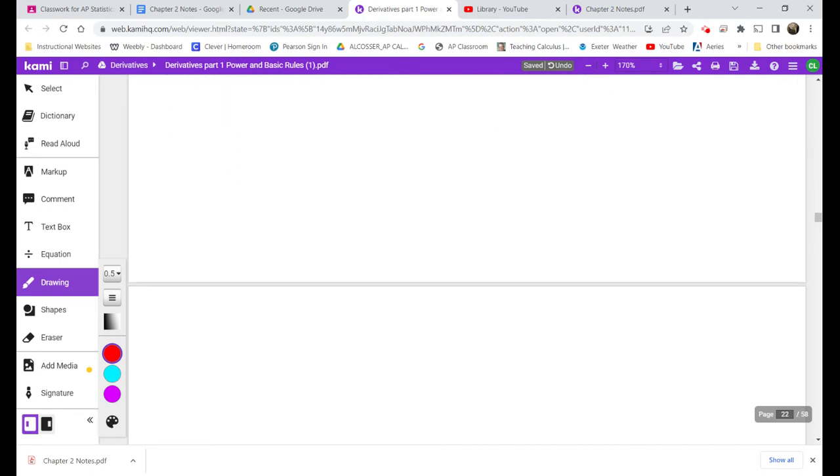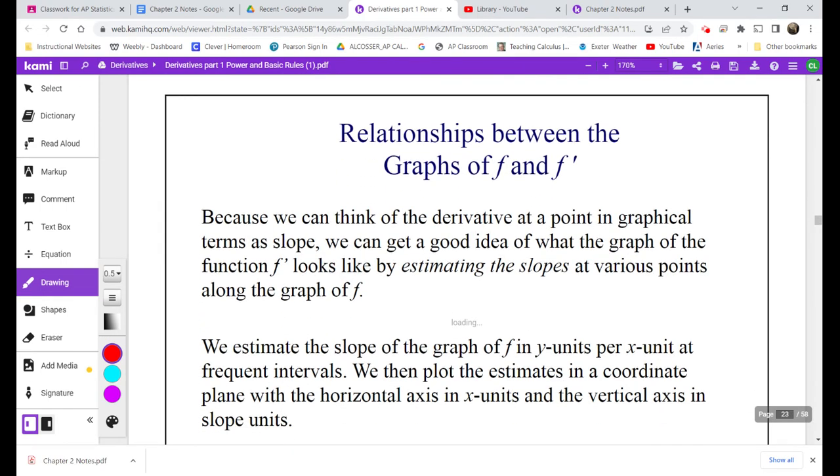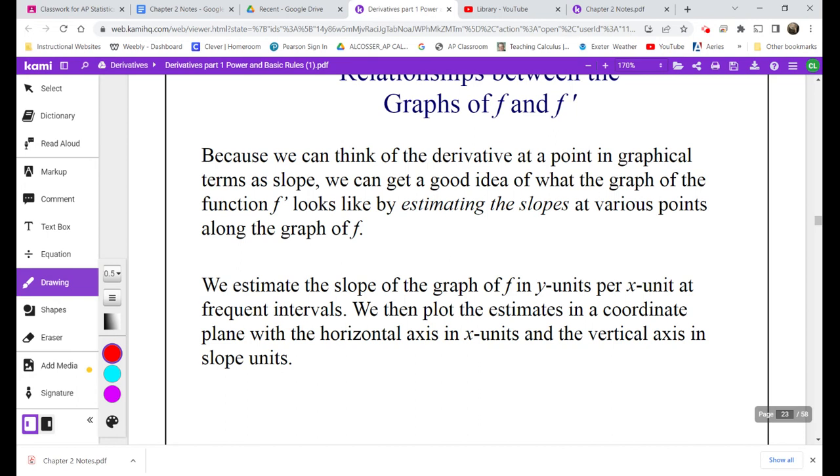We talked about this a little bit. We can get a good idea of what the graph of the function looks like by estimating the slopes at various points.